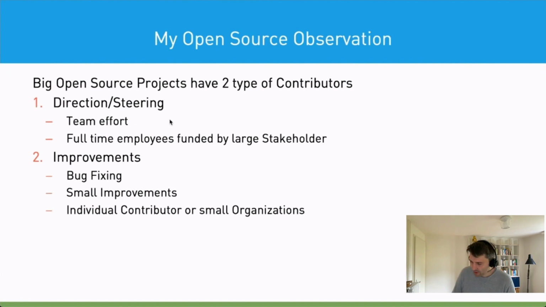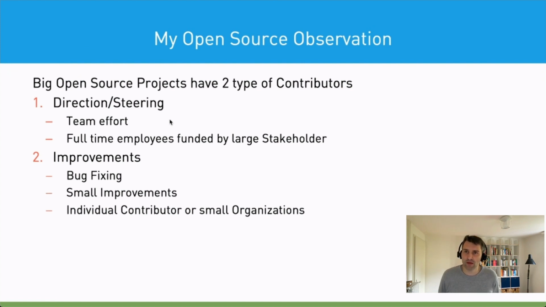My observation in general in the open source space and community is that there are typically two types of contributors. One type are the ones who give direction and steer the project, and they are mostly the founder of the project or the company that founded it, dominating.